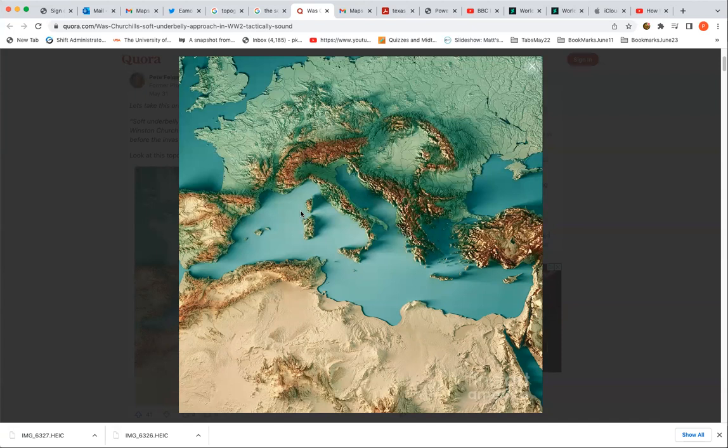And a submarine drops this body off the coast of Spain, where it's picked up. The Germans were working very closely in Spain with the fascist government. Spain never becomes officially allied with Germany, but Spain was working very closely with Germany. And very quickly, this body gets into German hands.